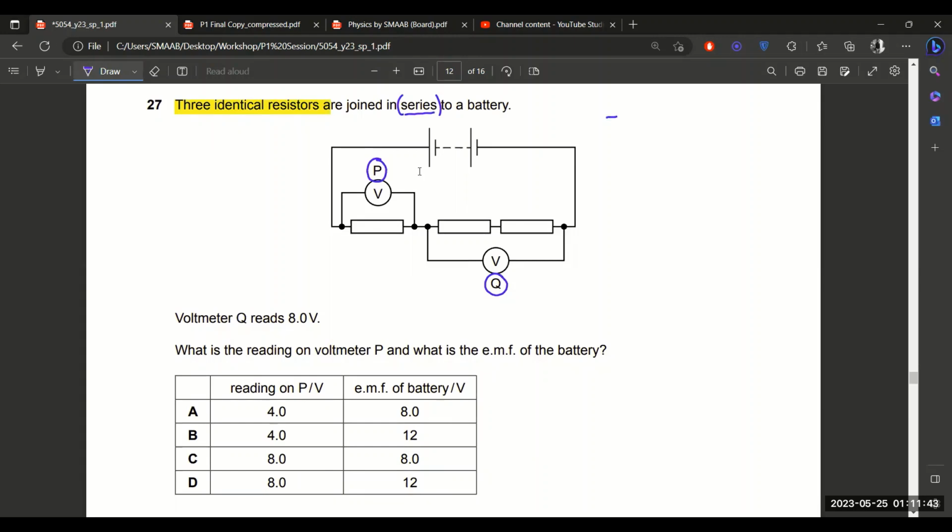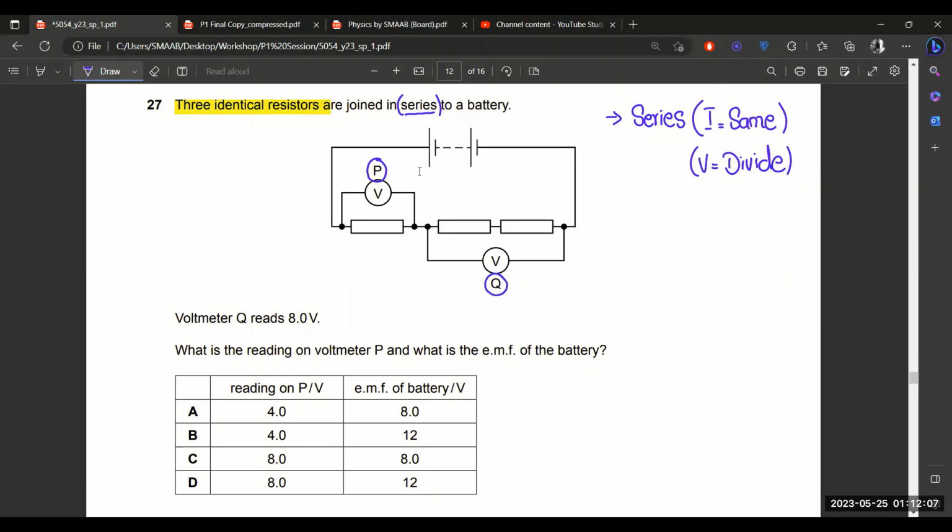In a series combination, the value of electric current remains the same, whereas the voltage divides according to the value of resistance. So the potential difference across each resistor depends upon its resistance.